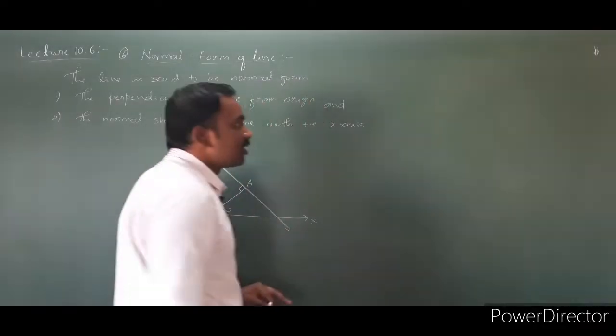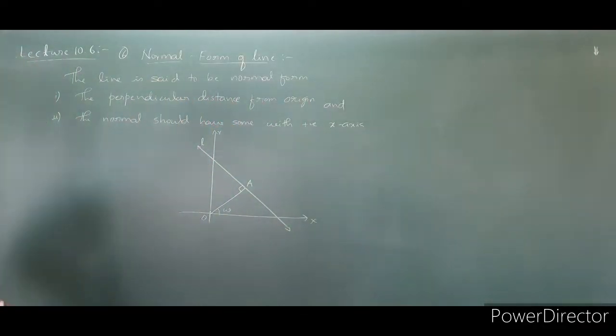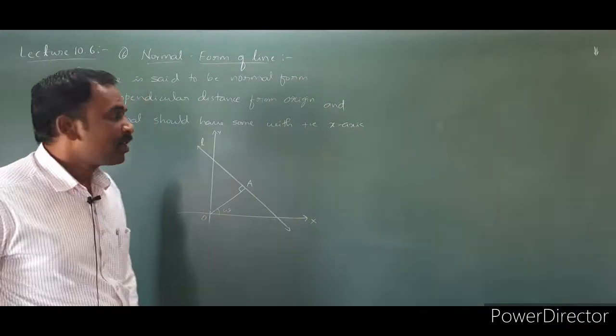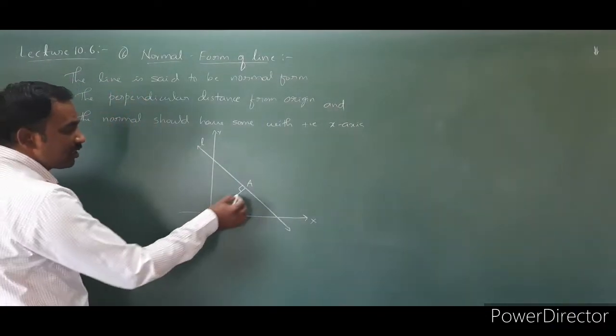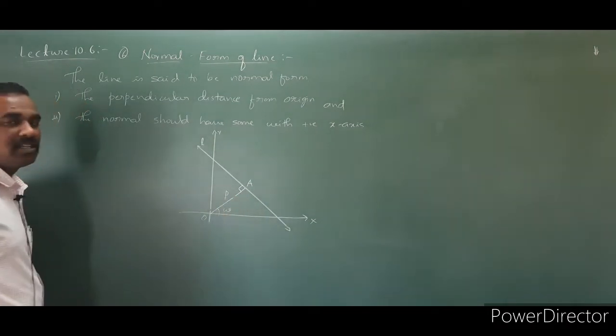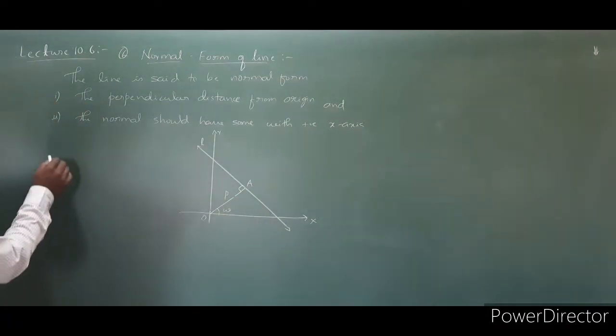Now let us try to find the equation of the line. This line equation we are required to find. What is the given condition? OA distance, I just call it as p units.